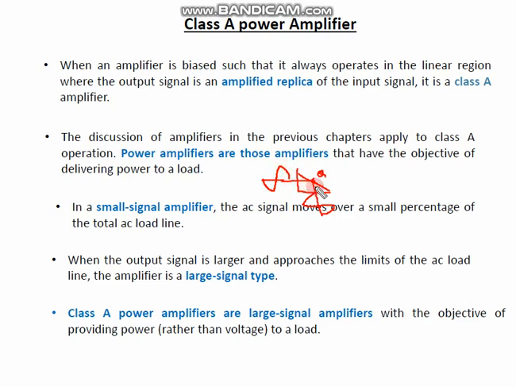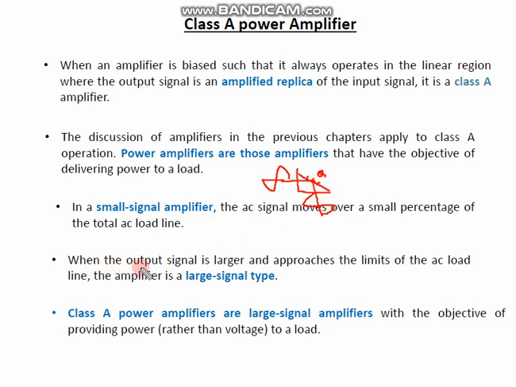So the signal moves over a small percentage of the DC load line. The movement for a small signal is very close to the quiescent point. So the variation of the output signal is near about the Q point.